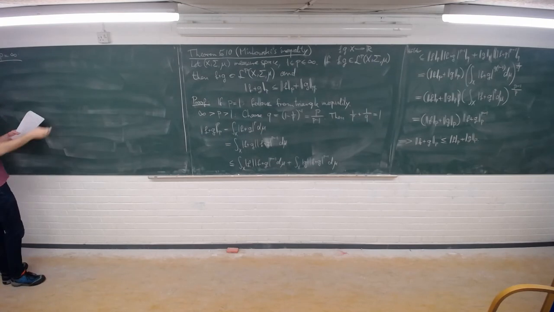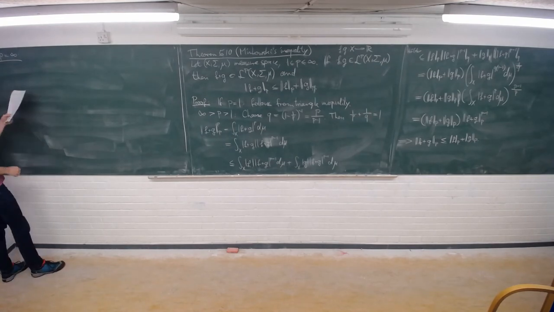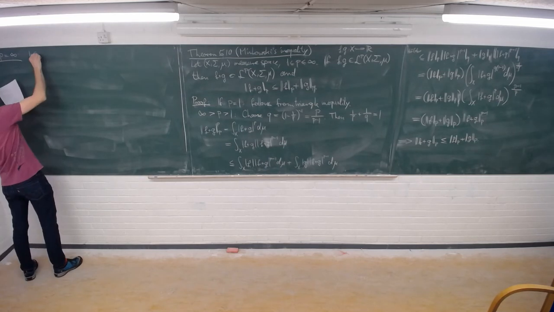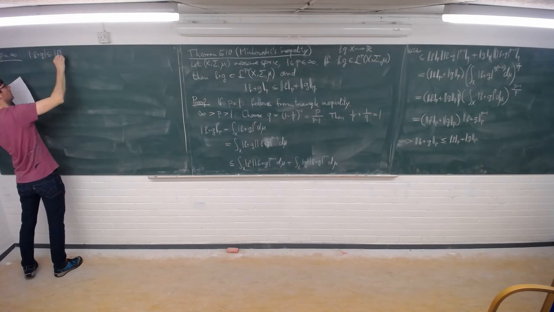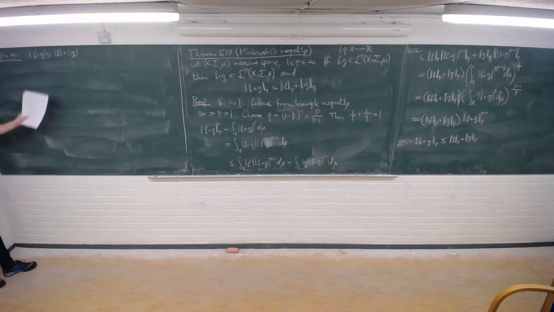But this is easier than the previous proof because we can use the normal triangle inequality again. So we have this from the usual triangle inequality.